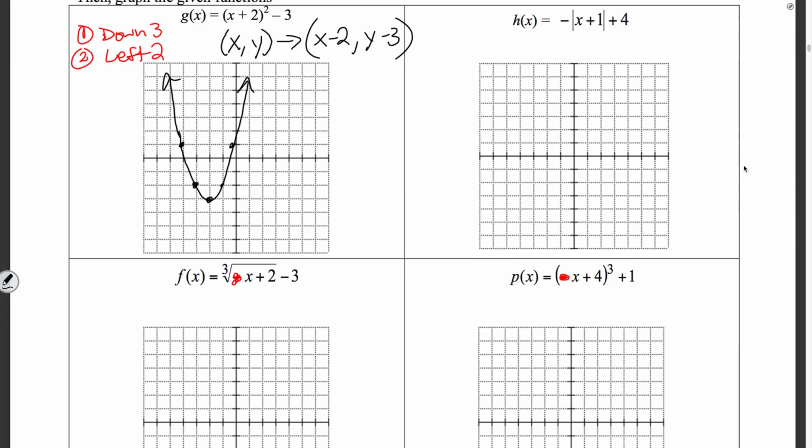Give me the points for it, and then graph the final graph. So let's do this: h of x, f of x, and p of x. The things that we have to do are name the function transformations, give the points, and graph.